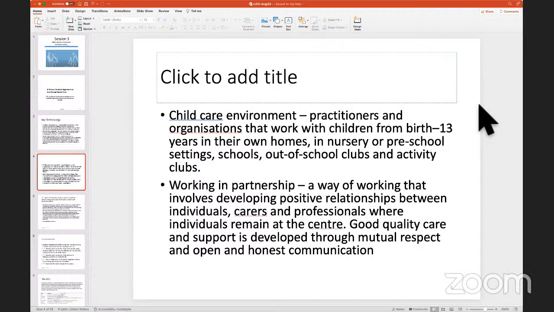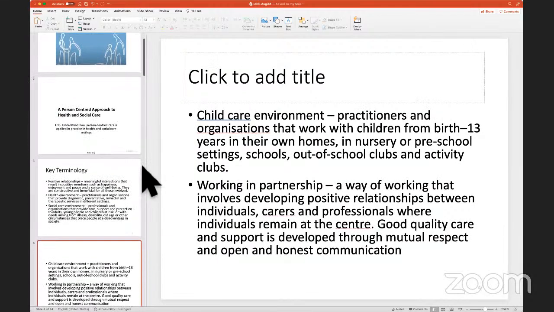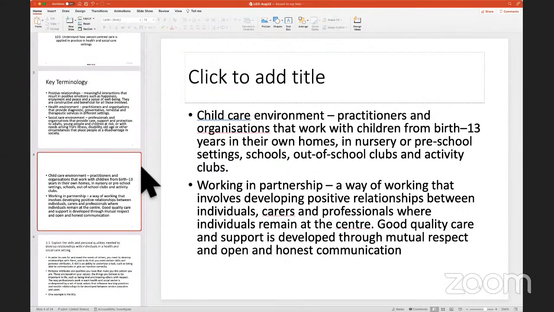So anything like out-of-school clubs, activity clubs, preschool settings which could be within your own home, would essentially, if you're a carer for your own child, or if you're a carer for an adult in your case, then you'd be providing an environment which is primarily going to constitute social care environment, but one for adults. And if it's children under the age of 13, which is primarily going to be classed as children, that will constitute the childcare environment.